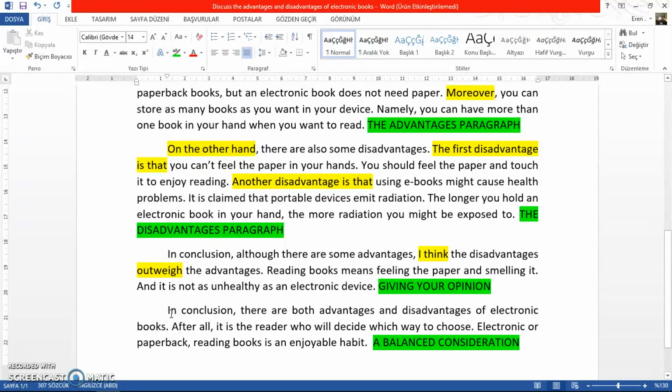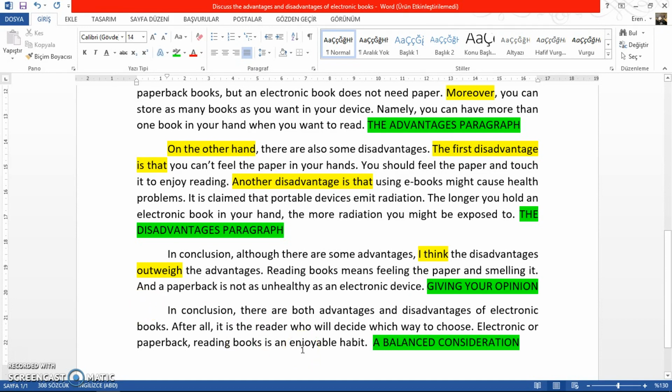So here my idea was that there are more disadvantages than advantages of having an electronic book. And then again, I justified it. Reading books means feeling the paper and smelling it, and it is not as unhealthy as an electronic device. Maybe we can write paperback instead of it.